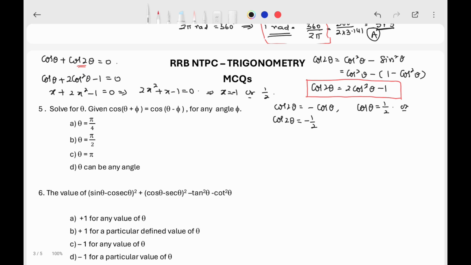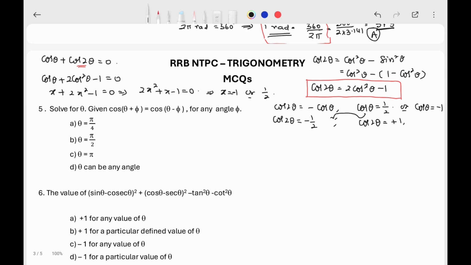Or we can take cos theta is equal to minus 1. If we take this, then cos 2 theta is equal to plus 1.